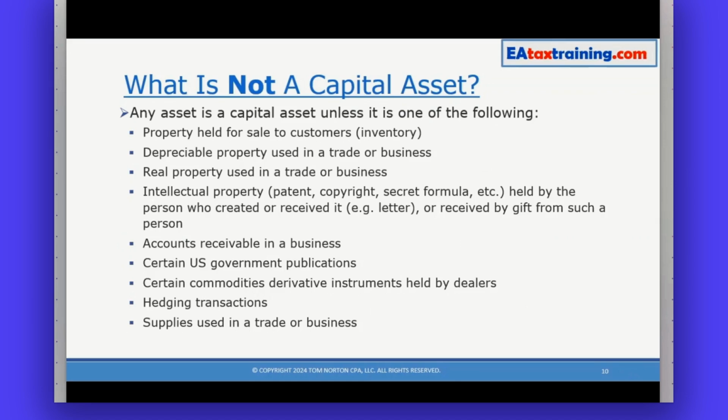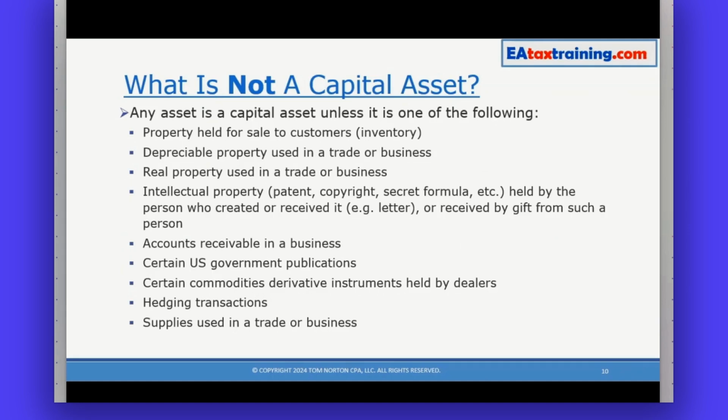Next, intellectual property. This is like patents, copyrights, secret formulas that are held by the person who created them or who received it, such as a gift from a person, that would not be a capital asset. So you've probably heard in the news about some of these big music stars and rock stars who are selling their catalog of songs.